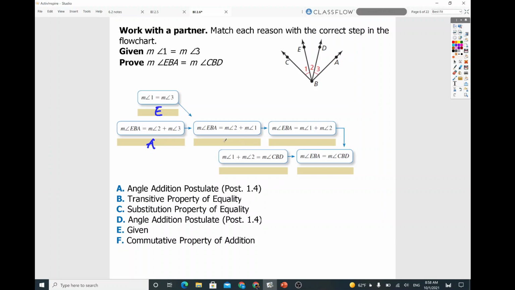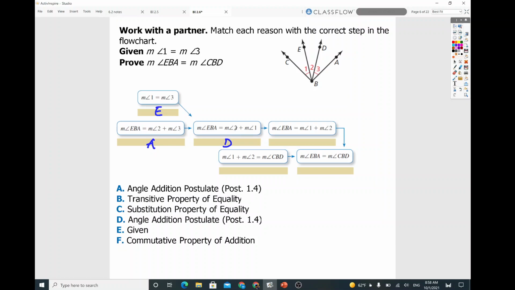So this one will be D. And then EBA is the same as the measure of angle 1 plus the measure of angle 2. As you can see here, EBA has the exact same measurement as the angle, so this one can be written as angle 1 plus angle 2.